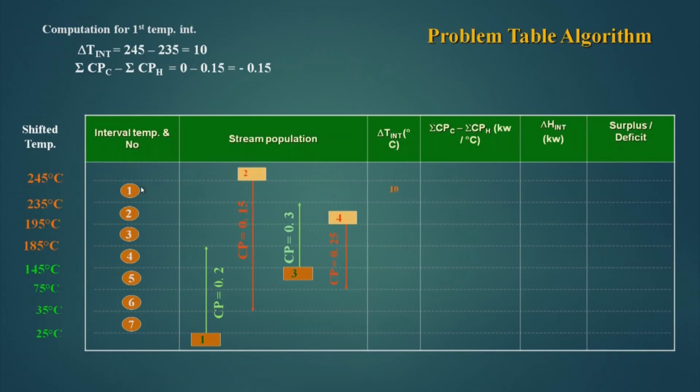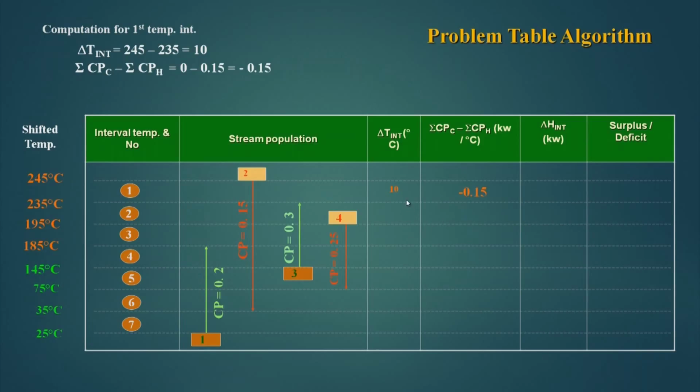In this temperature level, which is temperature level 1, only one stream is there, that is hot stream number 2. So, there is no cold stream here. So, summation CPC is 0 because there is no cold stream available in this temperature interval, whereas there is one hot stream whose Cp value is 0.15, and that is why the summation CPH will be 0.15 and hence the total value is minus 0.15, and this will move to this position.